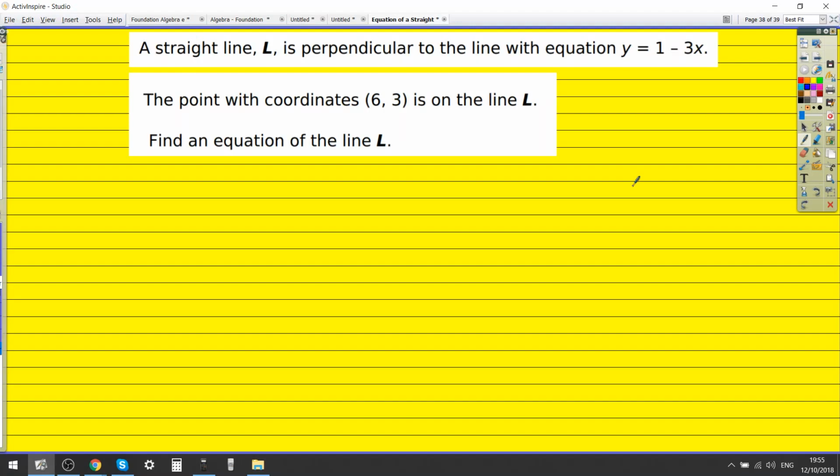Okay, so would an equation of line L be y equals minus 1? What is the gradient of L? 1.